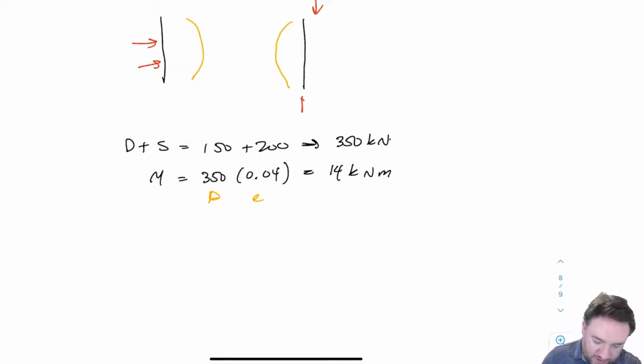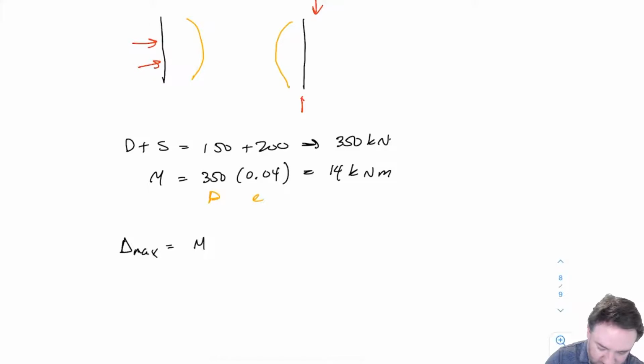And the equation here we can get from structural analysis. So we're going to get delta max equals, and I'm not going to go over exactly how we get this, but this is deflection for a single point moment at the top.